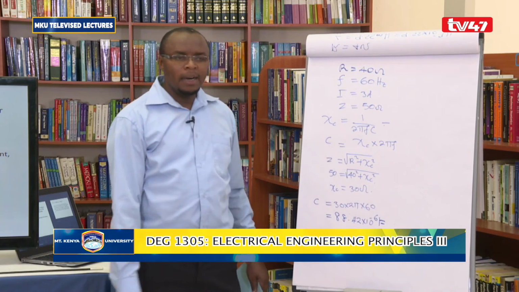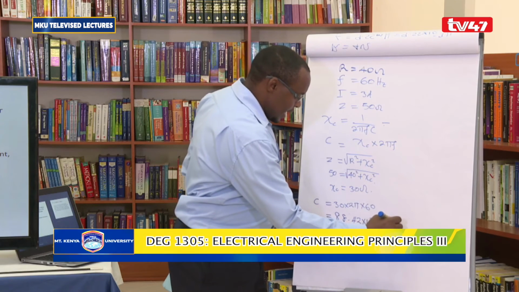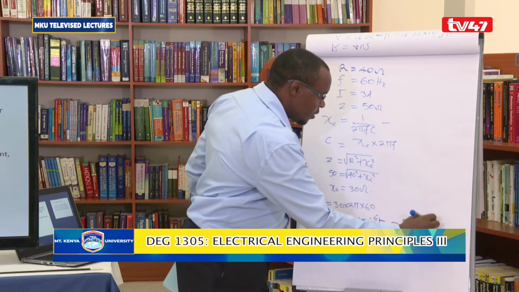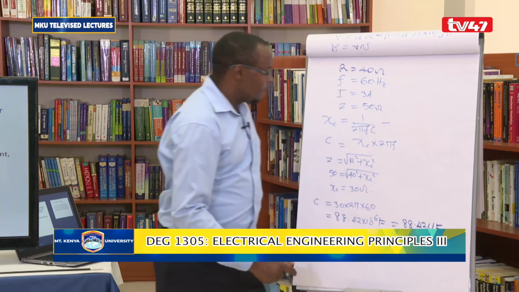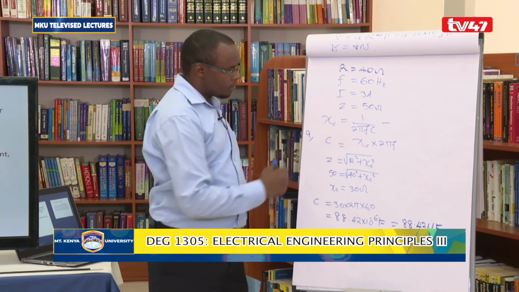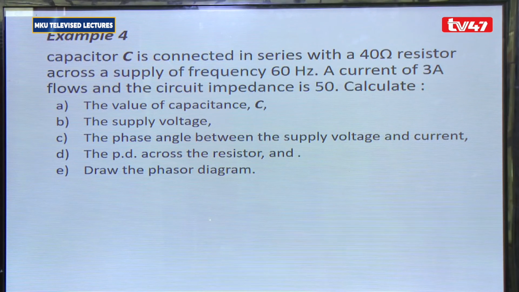The unit of capacitance is farads. Of course, this one can be written again as 88.42 microfarads. So that is our part A. Then part B, you are supposed to get the supply voltage.